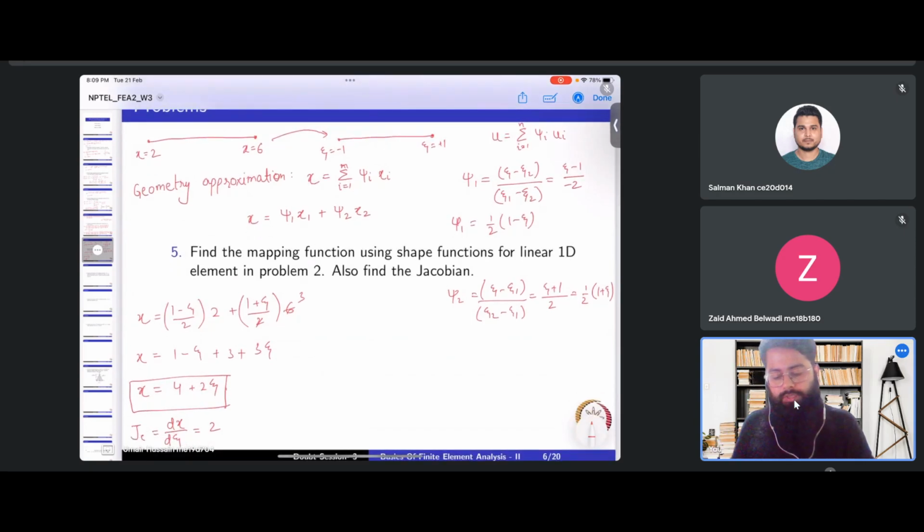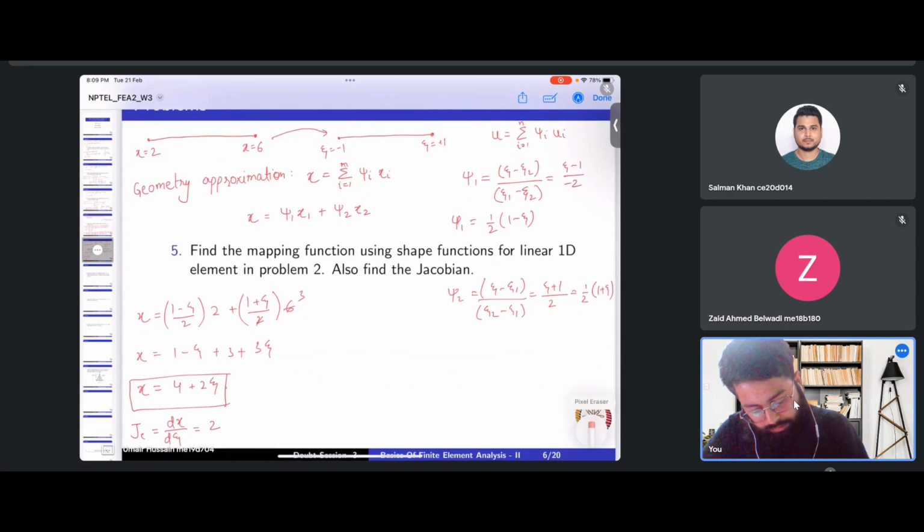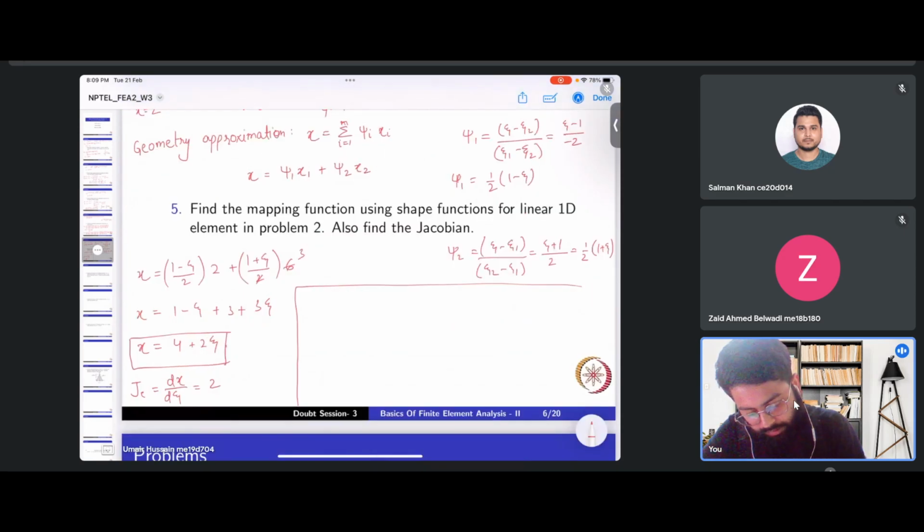So we can also check this method on the third problem. There we changed our domain from x equals 6 to x equals 2. We'll apply this here.